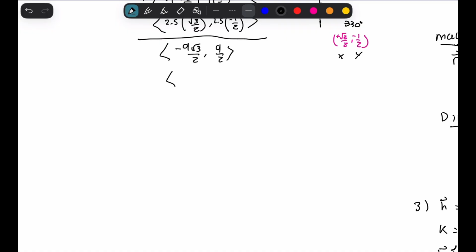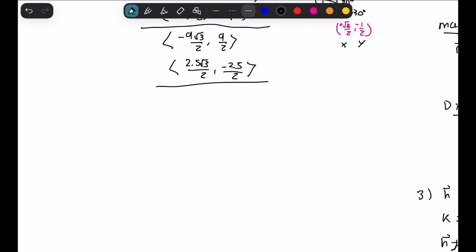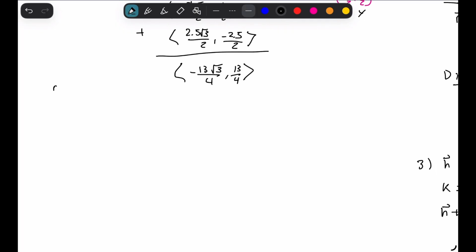And then here we're going to have 2.5 root 3 over 2, and negative 2.5 over 2, which is going to give us a result of negative 13 root 3 over 4, 13 over 4. So now we have to find the magnitude of this. So that's w plus x, which is going to equal the root of negative 13 root 3 over 4 squared plus 13 over 4 squared.